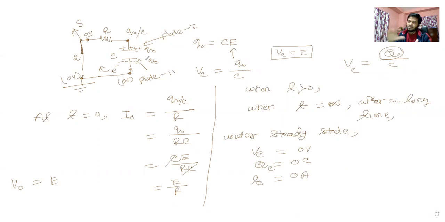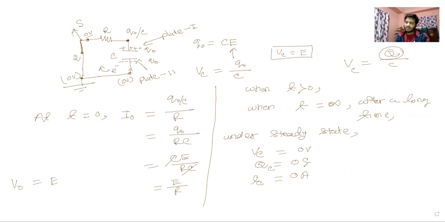And under steady state condition, during the charging phase, the capacitor acts like an open circuit. Even it is true for the discharging phase of the capacitor. So we can say under steady state condition, the capacitor will act as an open circuit, whether it is in the discharging phase or charging phase, isn't it?